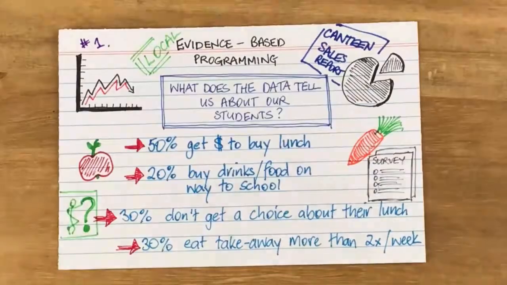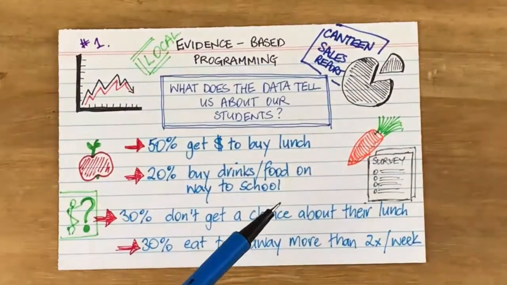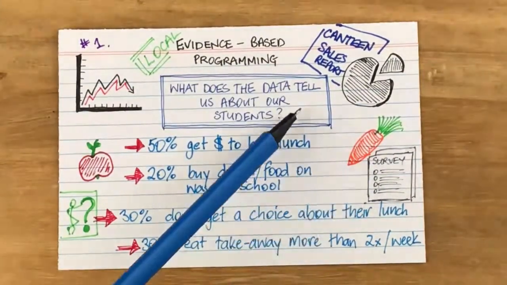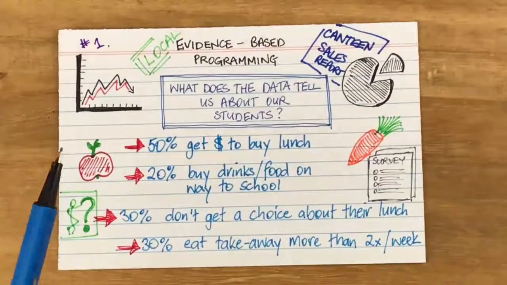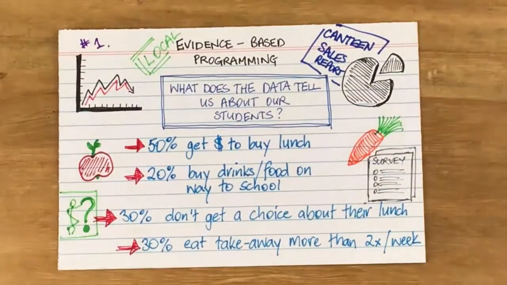Now if we have a look at some of the local data that we collected through a survey that was done of students, and also looking at the sales report from the school canteen, we found that 50% of students report that they get money at some stage during the week to buy their lunch from the school canteen. 20% of students are buying drinks or food on the way to school. 30% actually don't get a choice about their lunch, so mum or dad are packing their lunch for them.